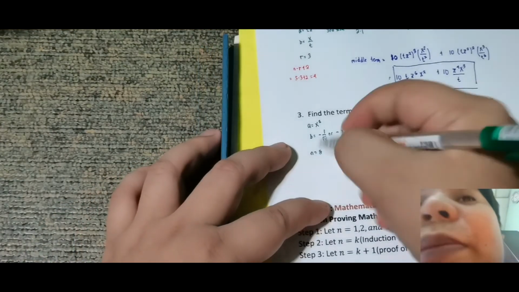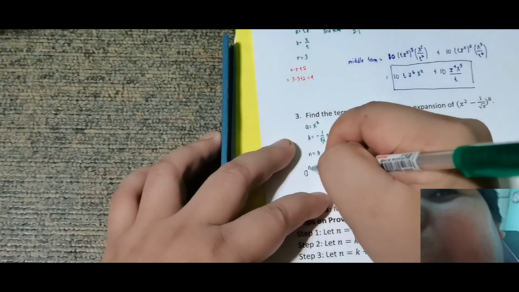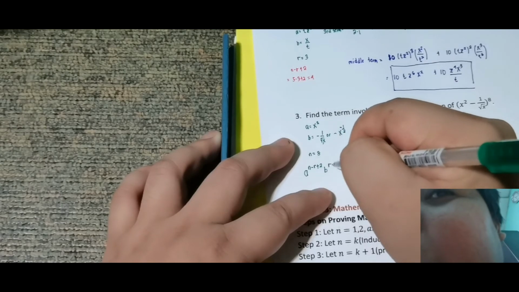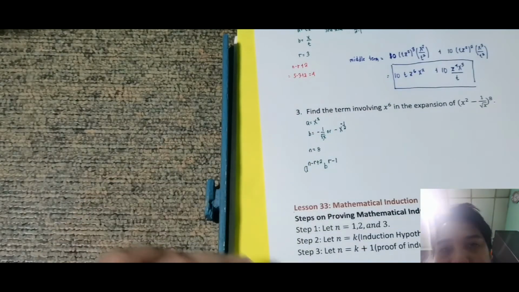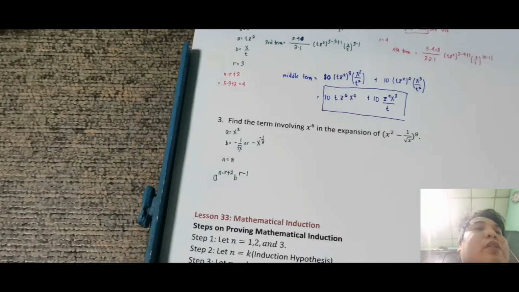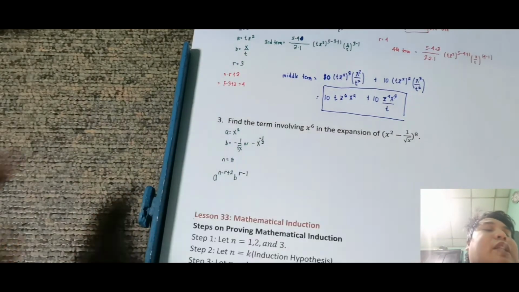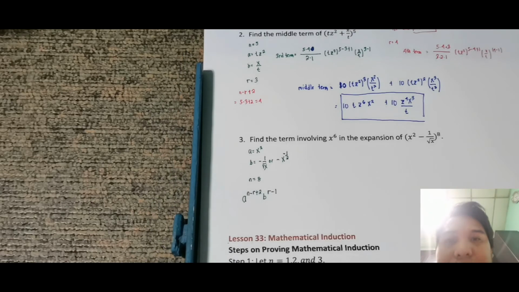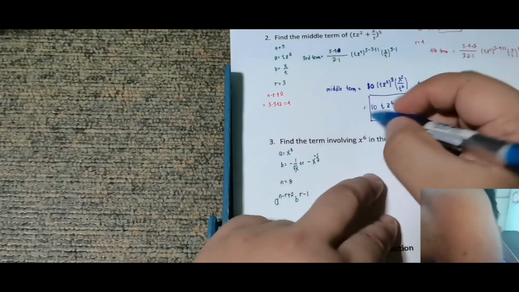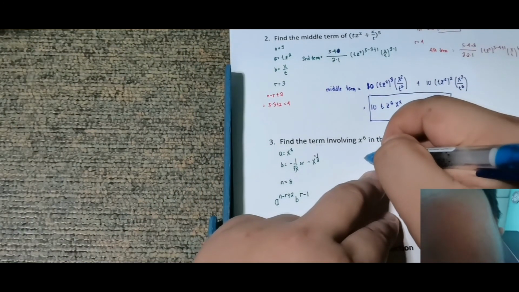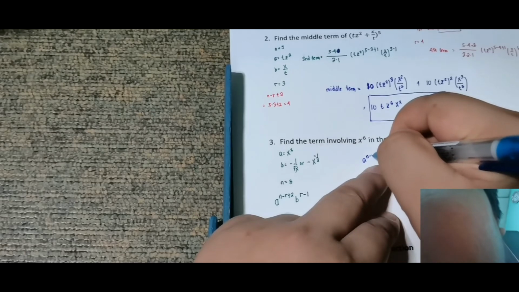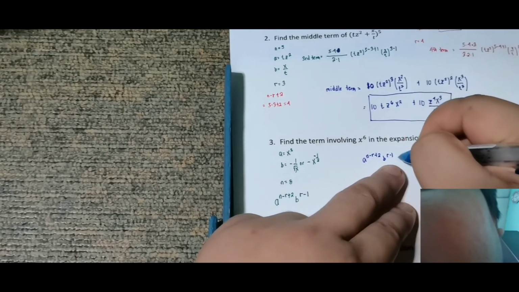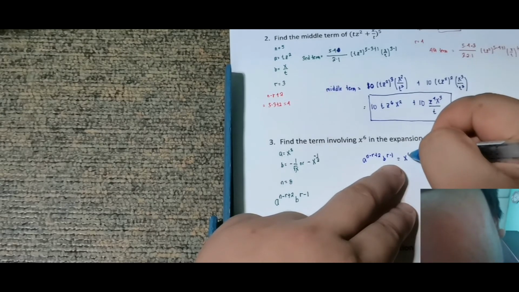Okay, so remember the formula na a raised to n minus r plus 2 tapos b raised to r minus 1. Okay, so check natin yan. So, x raised to 6, since lahat ng term natin is may x. So, expected natin, ang hinahanap natin na term, ang gagawin natin ganito. Yung a raised to n minus r plus 2, tas b raised to r minus 1, i-equate natin sa x raised to 6.